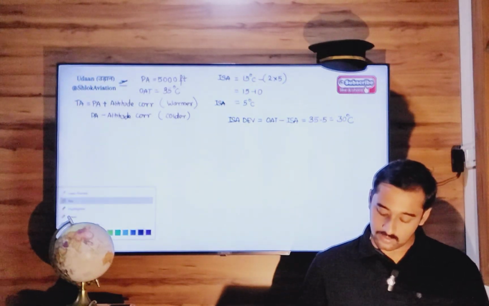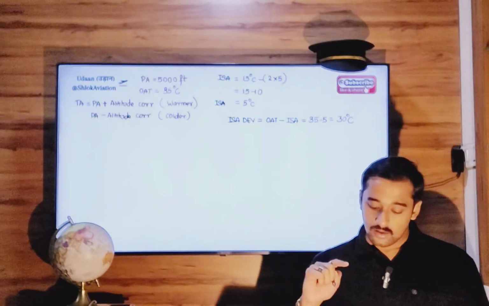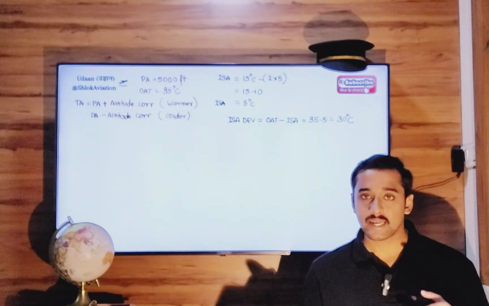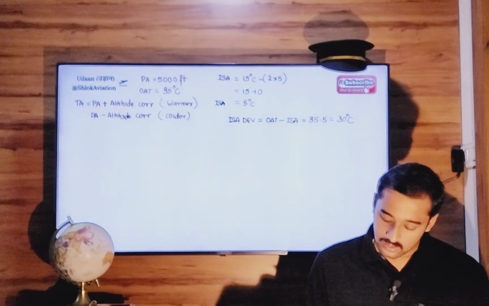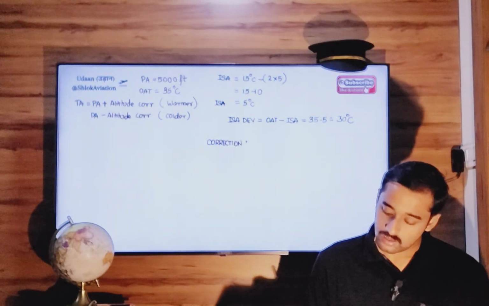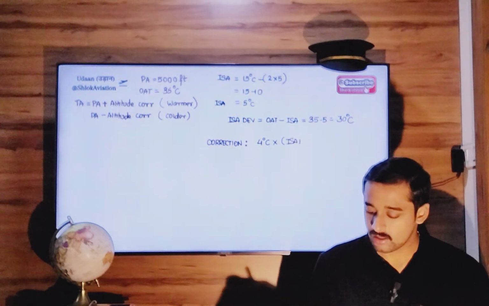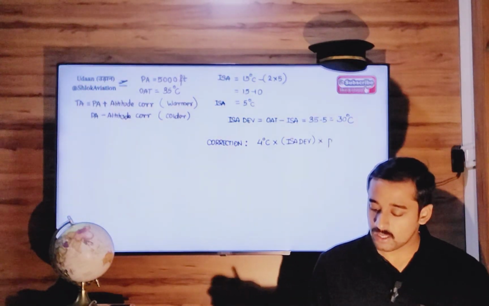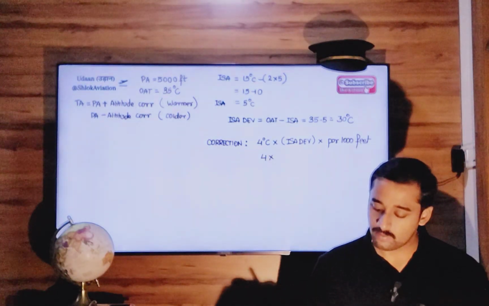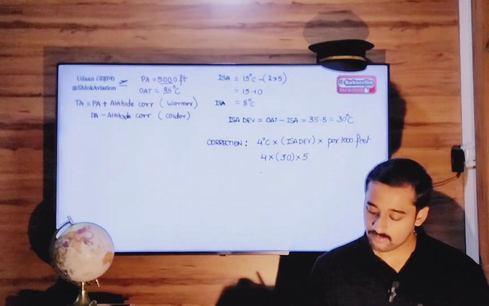Now to correct for altimetry errors engendered by non-ISA temperatures, the correction formula is 4 degrees Celsius multiplied by ISA deviation into per thousand feet. 4 multiplied by ISA deviation 30, 5,000 feet, so multiply by 5.